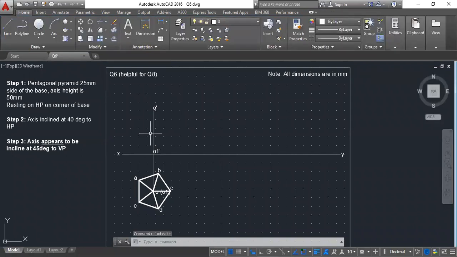Remember, when drawing the front view, the first thing that you are supposed to do is to find the axis. And where are we going to draw the axis? From the center. The axis is not a continuous line, the axis is a dash and dot line like this. Once you get this, follow this simple procedure.